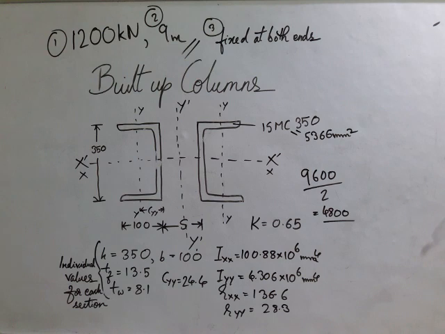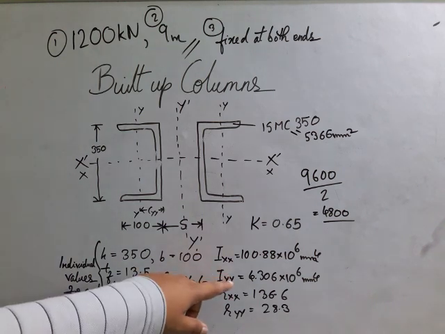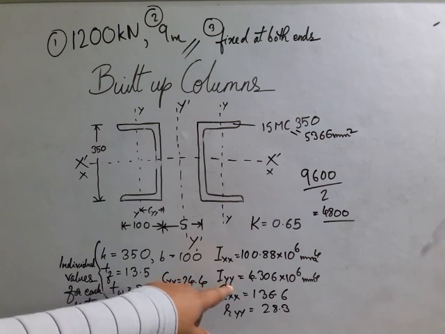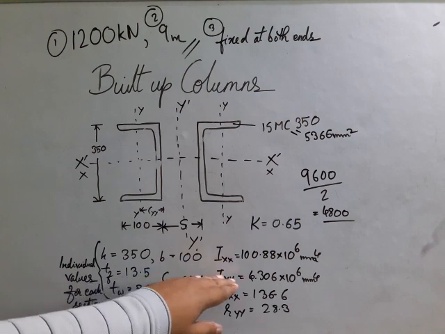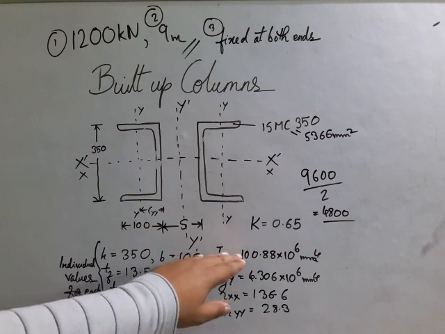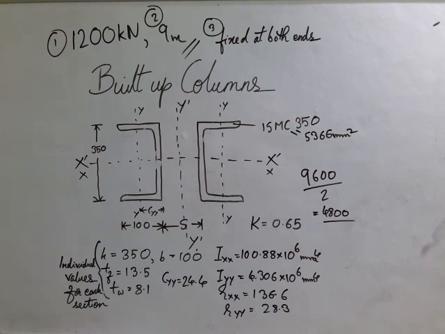Strength is proportional to the moment of inertia. As we can see here, the Iyy value is very less compared to Ixx, so strength about yy is less. If Iyy were equal to Ixx, then we could say that the strength is the same in both axes, because moment of inertia is proportional to strength.